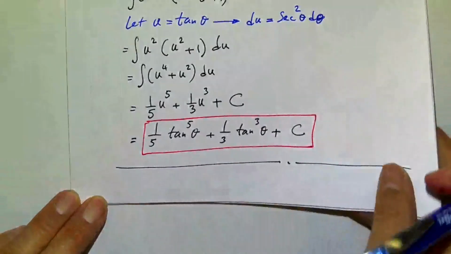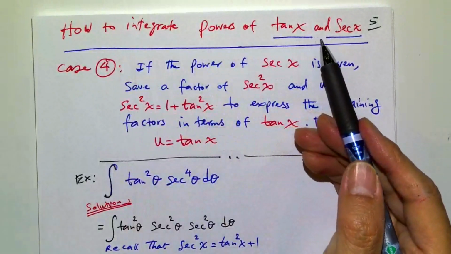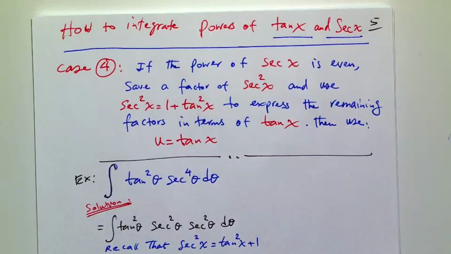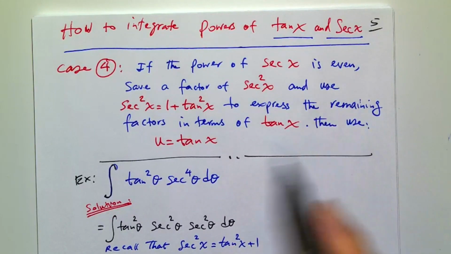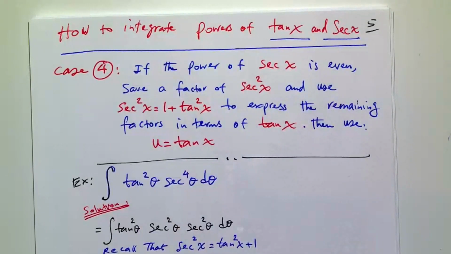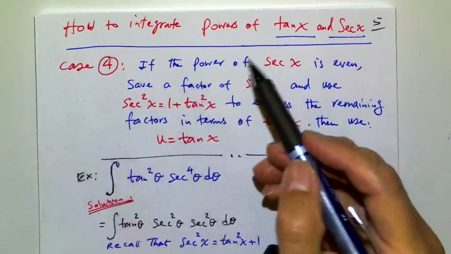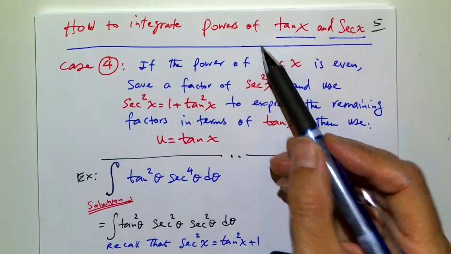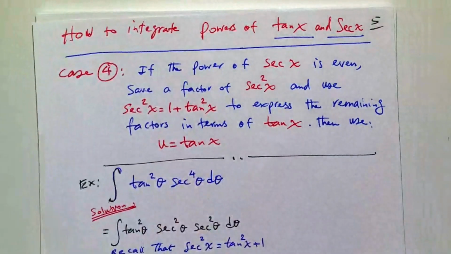Now, this was case 4 for how to integrate powers of tangent x and secant x when they appear as factors inside an integral. Case 5 is an additional piece of this case, but also for other cases, so we have to discuss all of those together.